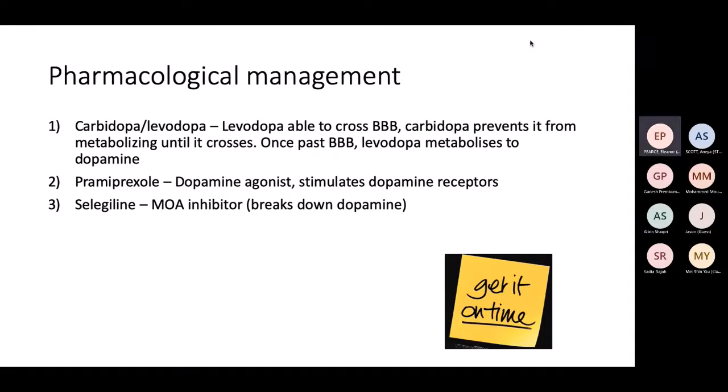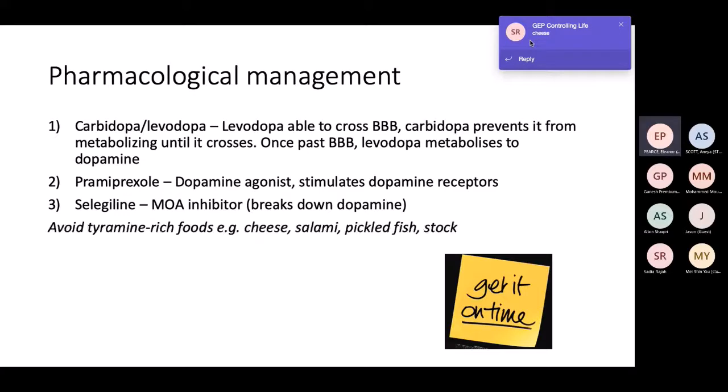Oh, I saw somebody starting to type. Cheese, yes, cheese. Yeah, exactly, cheese. So there's a substance called tyramine, which is found in cheese and also salami and pickled fish and things like OXO cubes. And people on these type of drugs can have a really bad reaction if they eat those things.